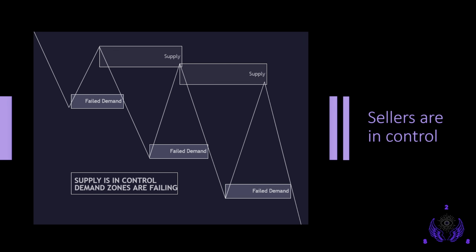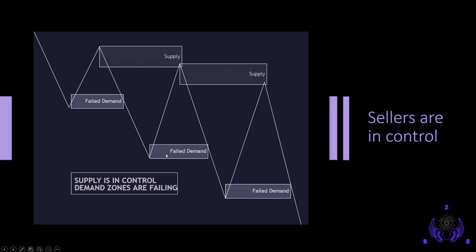Now, once the sellers are in control, this is another example. As you can see, we have failed demand zones and we have valid supply zones. Here, this supply zone gave us a new lower low, so we broke the structure. Here we have our lower high, and with this we mitigated the supply zone and gave us again a breakout structure.